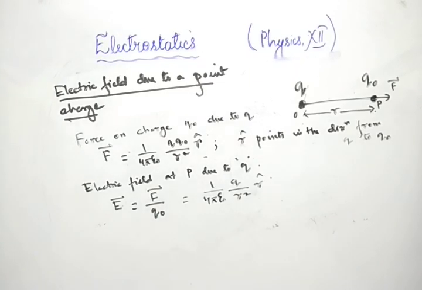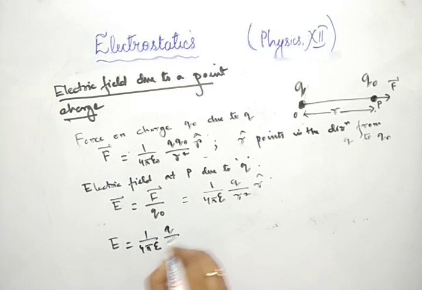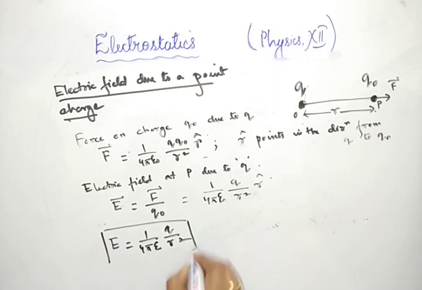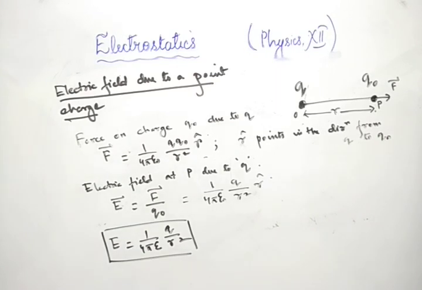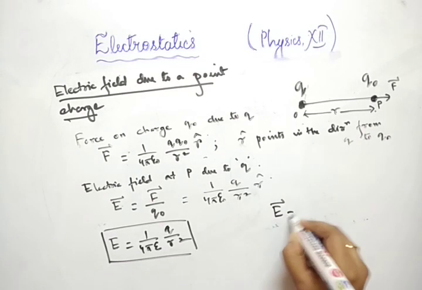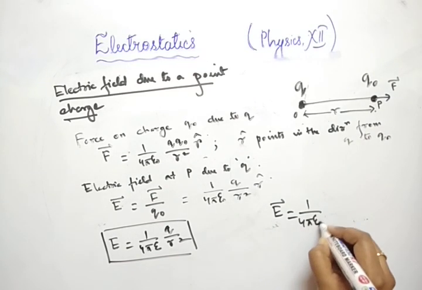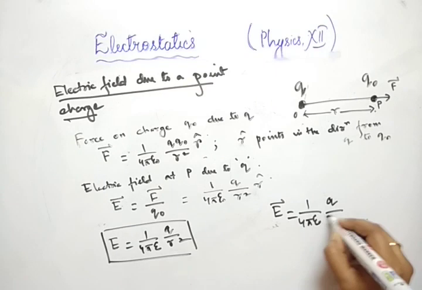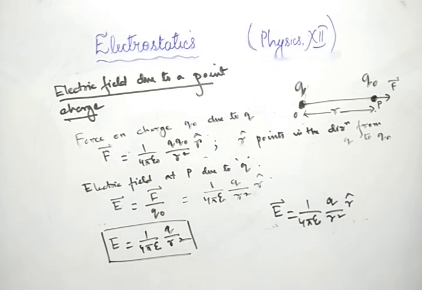This is the electric field. If you want to write the scalar form, you can write 1 by 4 pi epsilon naught Q by R square. And if you want to write it in the vector form, you write 1 by 4 pi epsilon naught Q by R square, R unit vector, and you also have to mention in which direction the unit vector is pointing.